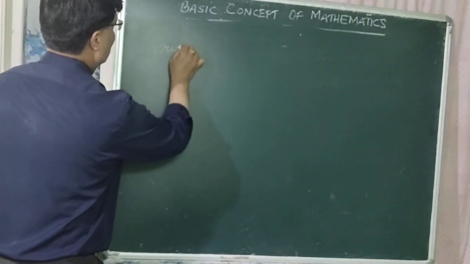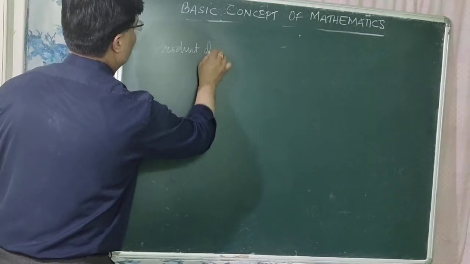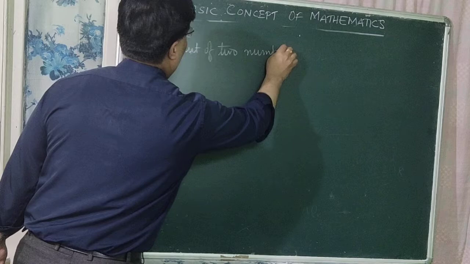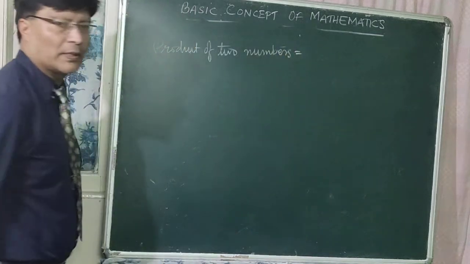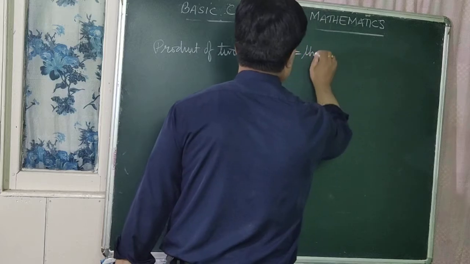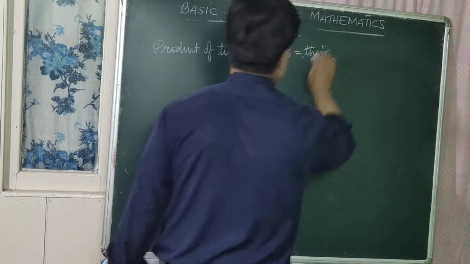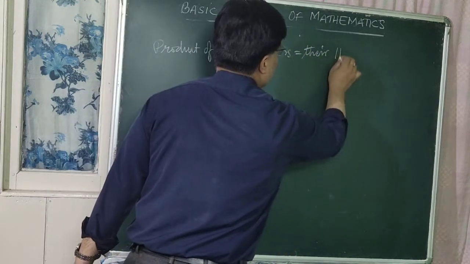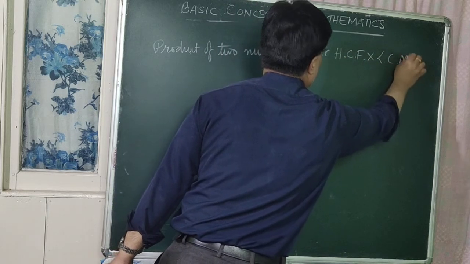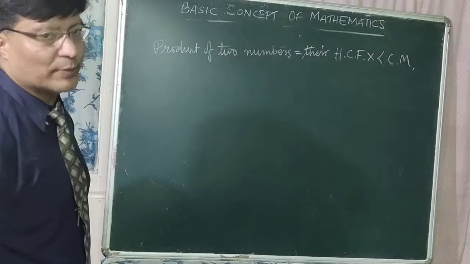Product of two numbers is equal to their HCF into LCM. Their HCF into LCM. This is the formula that you should remember.